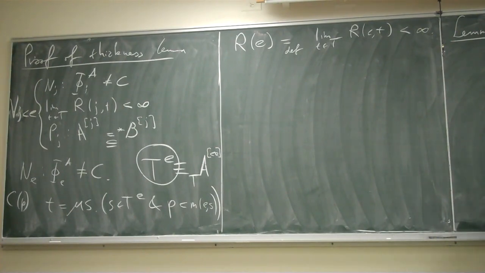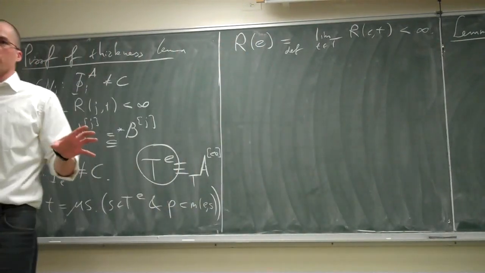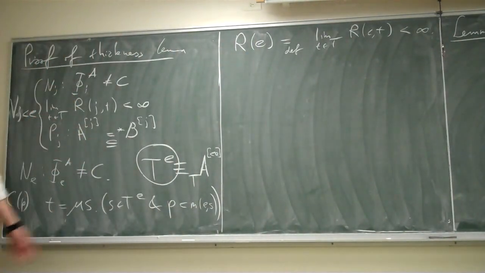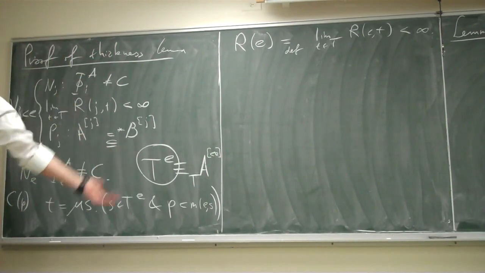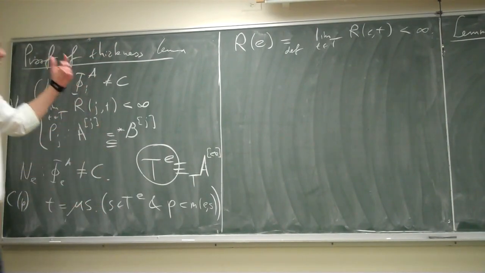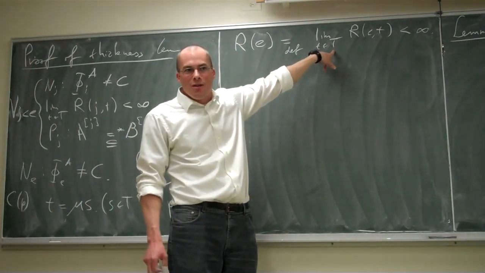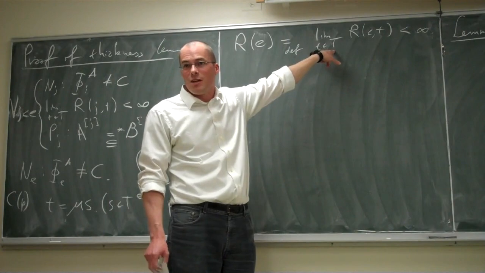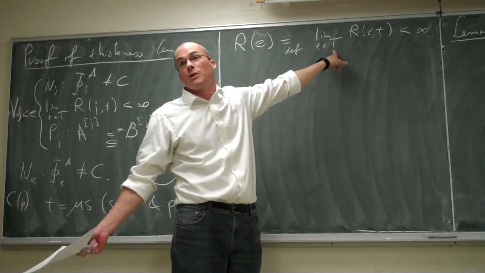First, of course, when you see this kind of expression, you should rightly worry for a second and say, okay, you define R to be this limit, but does this limit exist at all? Well, yes, the limit exists, because I'm not taking the limit over all stages, in which case you should definitely not believe the limit to exist, because it's going to fluctuate all over.